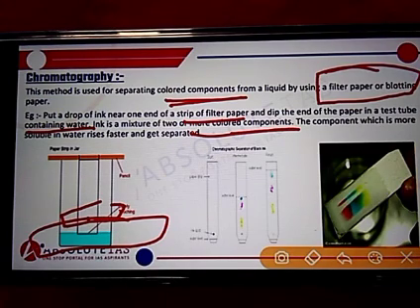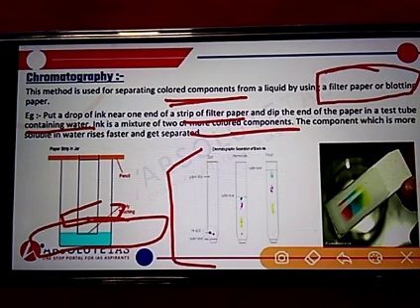Here the process is shown. There was just one drop of ink, and when the water reached a certain level, the color dissolved, as the different colors of which the ink is made have different solubility in water.